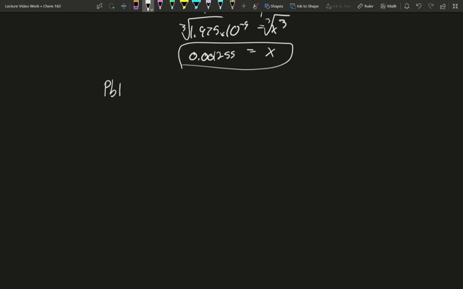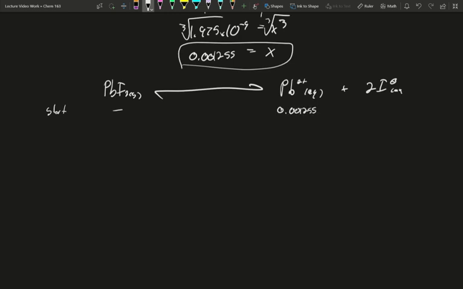So we have our lead iodide solid in equilibrium with that lead 2 plus aqueous and those 2 I minus aqueous. And they're sitting around at the start just being 0.001255 molar, so in 1 liter, and twice that, 0.00251 moles. And as long as these are their concentrations, they'll be at equilibrium.